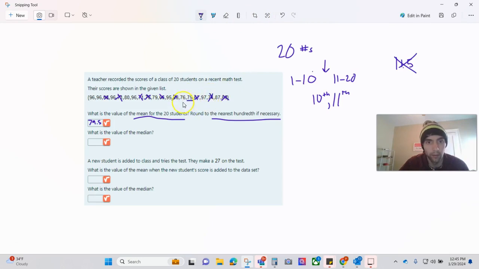Here's the 10th number. Here's the 12th number, right? 75, 76. Did I make any mistakes? Any number smaller than 75? Nope. Okay. So I think that's the 10th and 11th. 1, 2, 3, 4, 5, 6, 7, 8, 9.